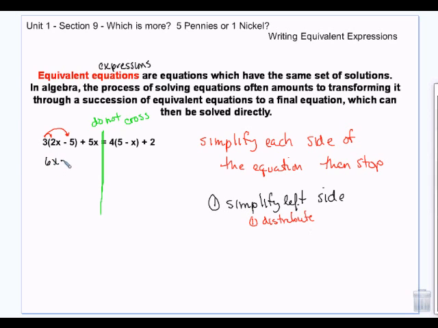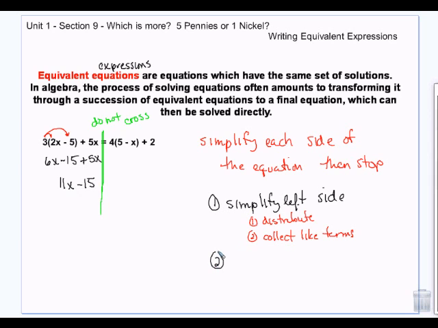So I get 6x minus 15 plus 5x. And then I'm going to collect like terms. So 6x plus 5x is 11x minus 15. Once everything's simplified, I can't do anything more to this side, so I stop here.